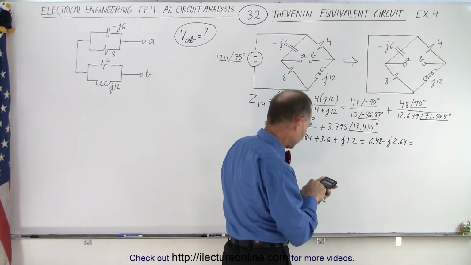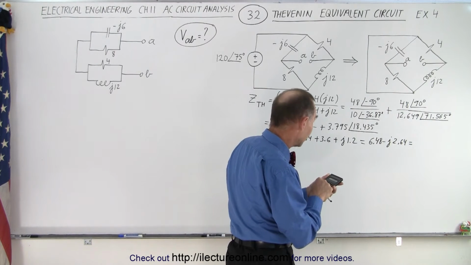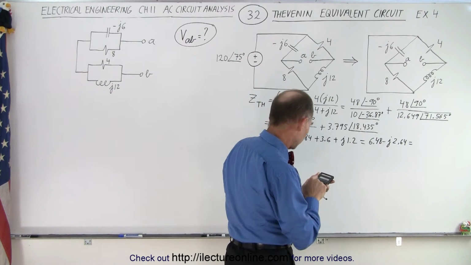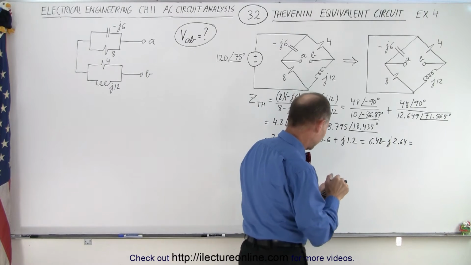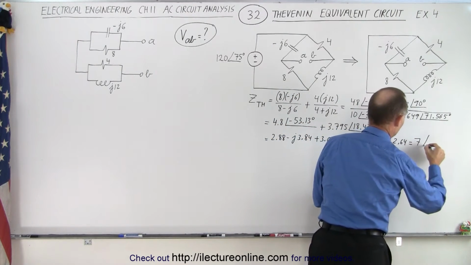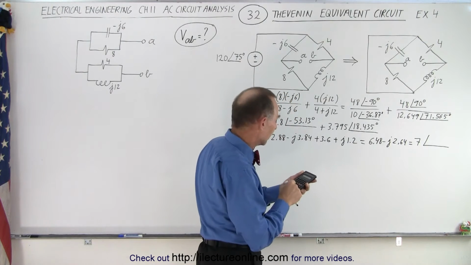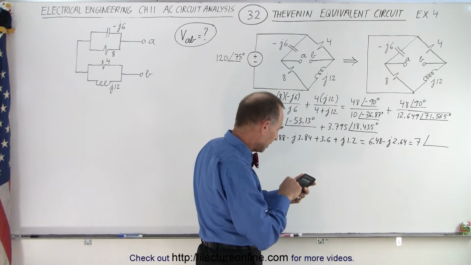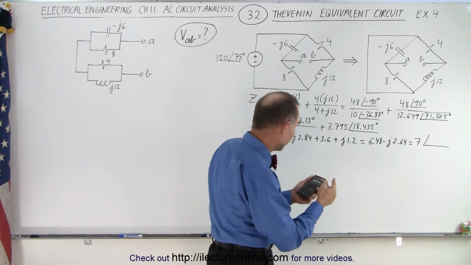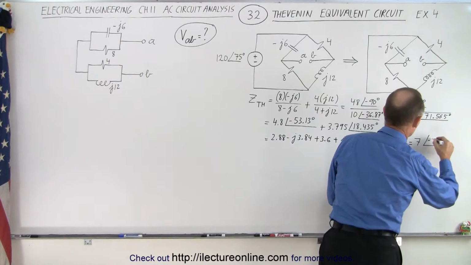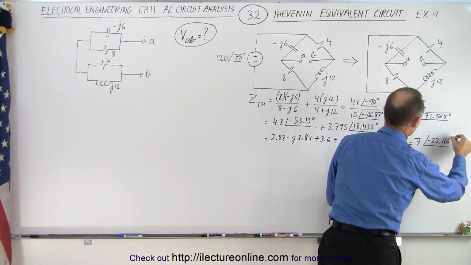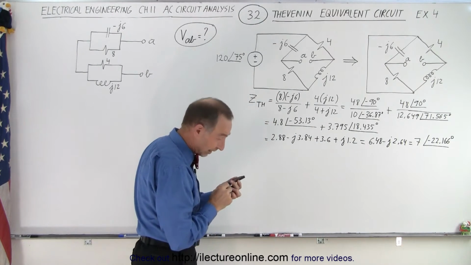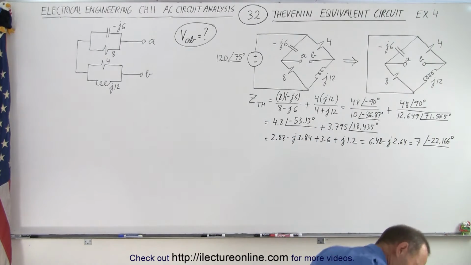Let's try it again. 6.48 squared plus 2.64 squared equals, take the square root, I get 7 with a phase angle of 2.64 divided by 6.48, and then take the inverse tangent, it's a negative angle, 22.166. All right, so that gives us the Thevenin impedance. Now let's check to see if I have that right.